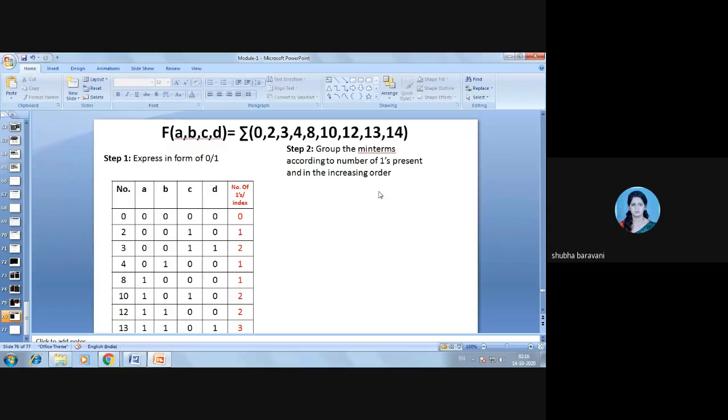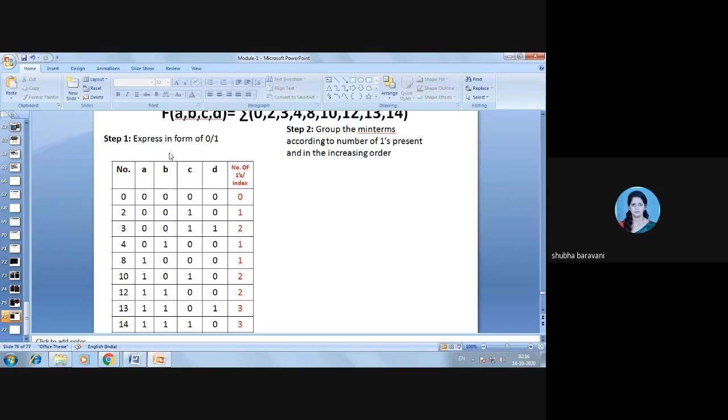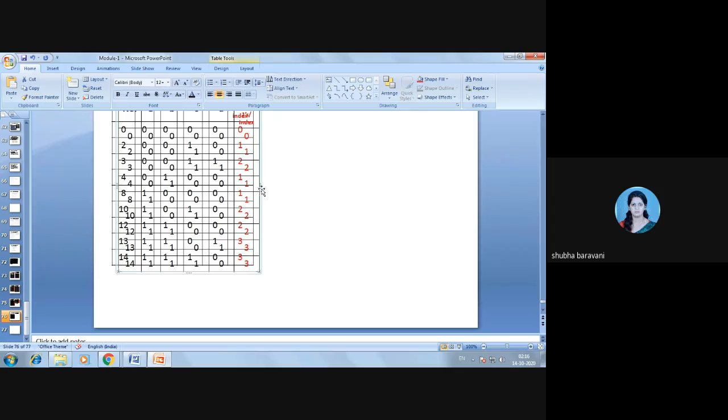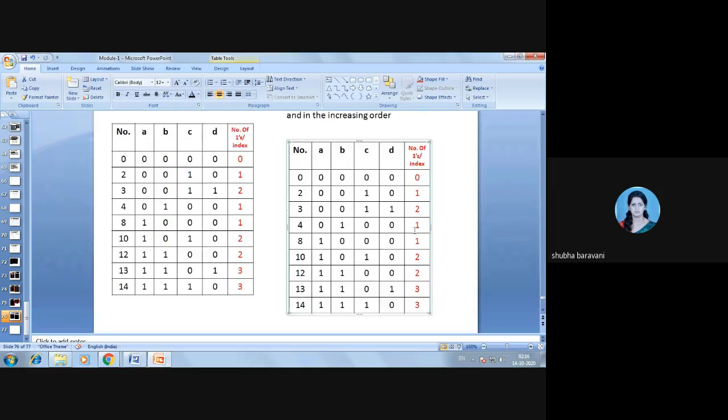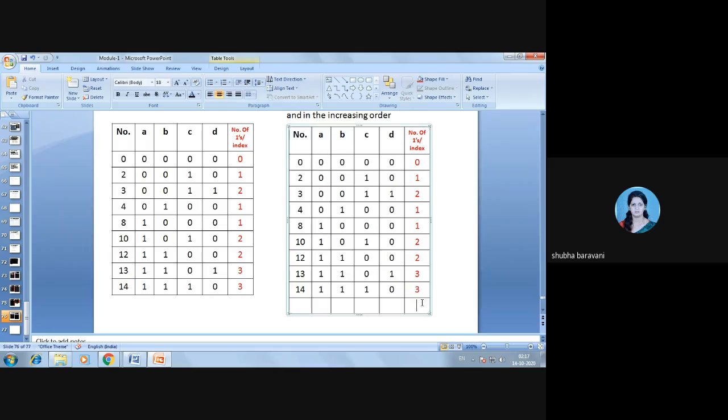Group the min terms according to the number of ones present, in increasing order. Copy. Zero, zero.